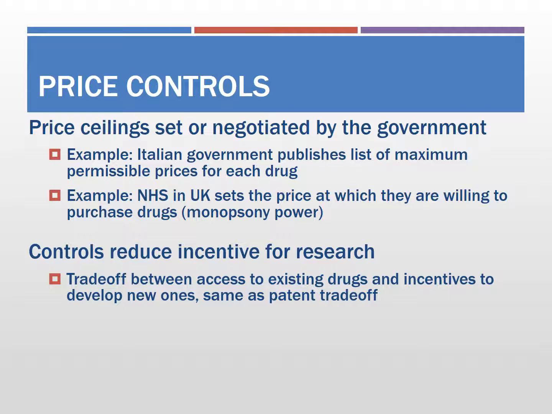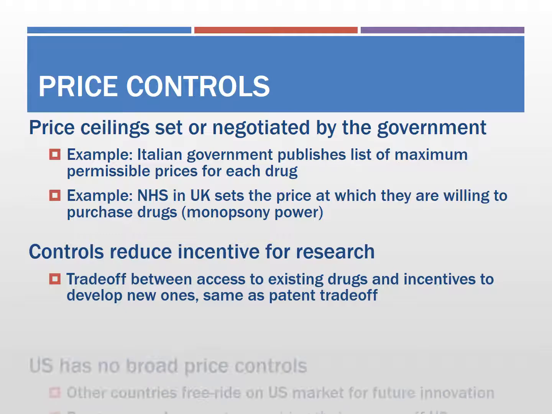So there's always a trade-off. When the government takes one action, another negative thing could happen. In this case, setting price ceilings or price controls in the pharmaceutical markets will reduce the level of profits for pharmaceutical companies, and at the same time, it might reduce the incentive to innovate in the markets.